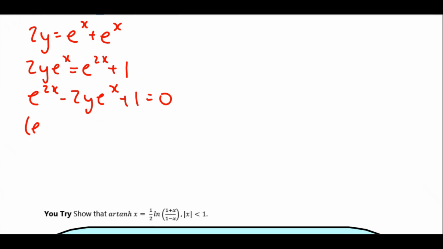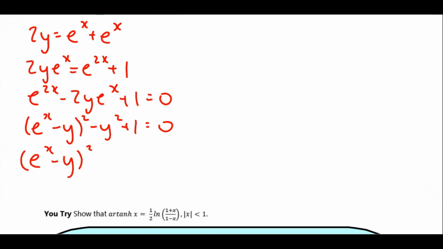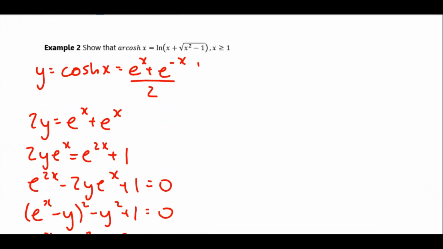Complete the square. Take that over to the other side. Square root both sides. And make e to the x the subject.